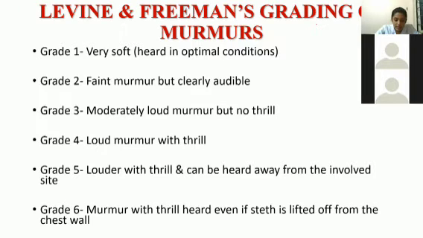And for grade 6, only in the most severe conditions will we say the patient has a grade 6 murmur. That is a murmur with thrill heard even if the stethoscope is lifted off the chest wall. So even if we lift the stethoscope from the chest wall, we can hear the murmur. That means that much turbulent blood flow is happening. So this is about the grading given by Levine and Freeman for murmurs. Okay.